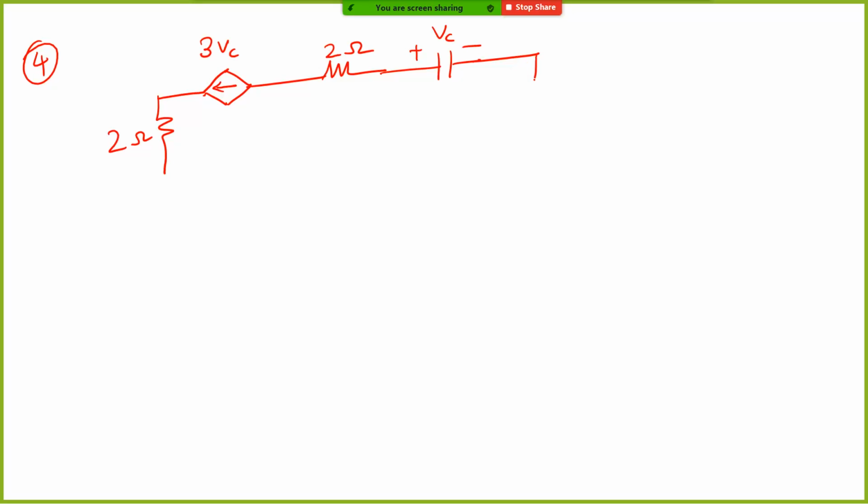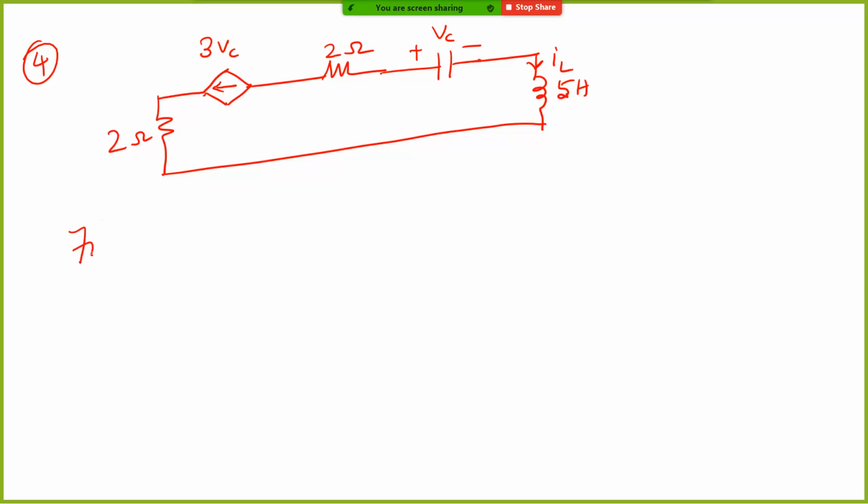Let's take this. This is 2 ohm. This is a dependent current source, 3 times Vc. You have another 2 ohm resistor, plus minus Vc. This is 5 Henry, and inductor current is in this direction, IL. Okay.